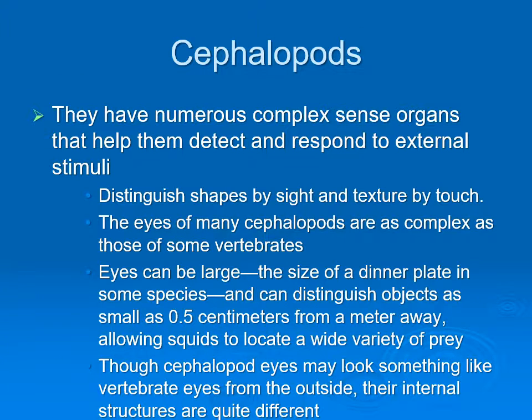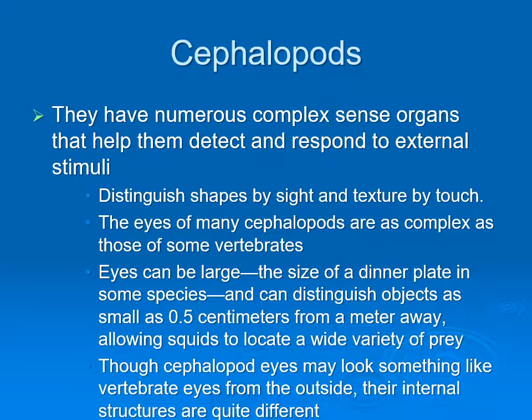So cephalopods have numerous complex sense organisms that help them detect external stimuli and then allow them to respond to it. They can distinguish between shapes by sight and by texture of touch. The eyes of many cephalopods are as complex as several vertebrates. The eyes can be large. Some are going to be the size of like a dinner plate in some species of octopi, and they can distinguish objects as small as a half centimeter from a meter away, which is better than I can see, and that allows squids to locate a wide variety of prey to eat.